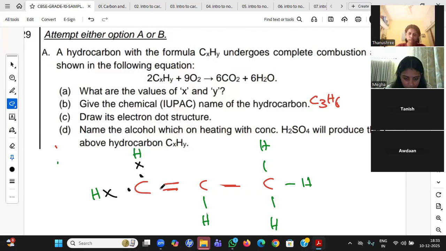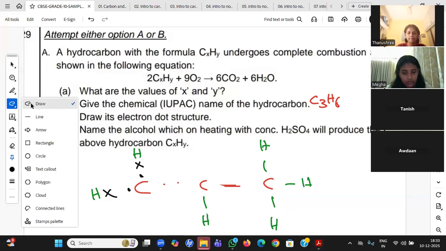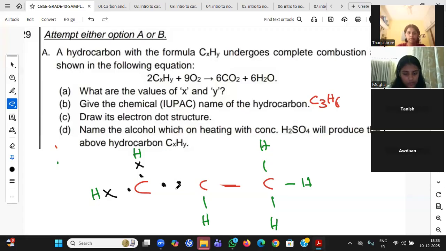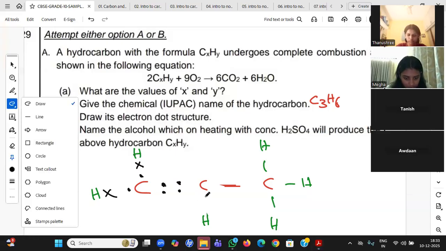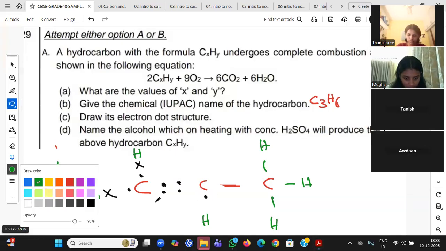One stick means one bond, one pair of electrons. Two sticks means two pairs of electrons. Between carbon and carbon, both are dots only. Here, one stick between hydrogen and carbon: dot for carbon and cross for hydrogen.